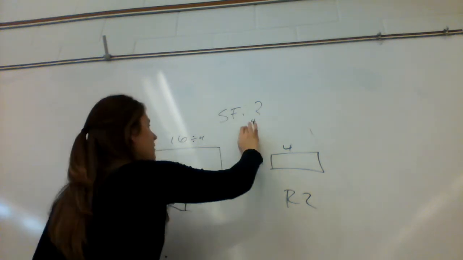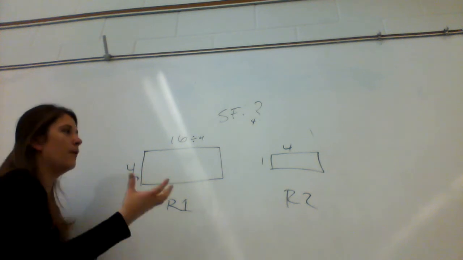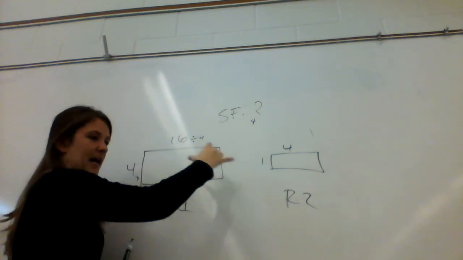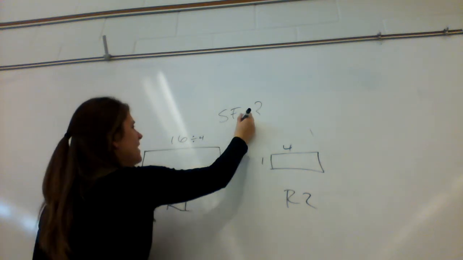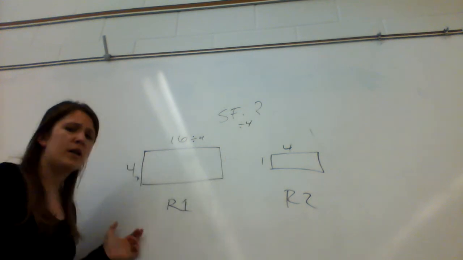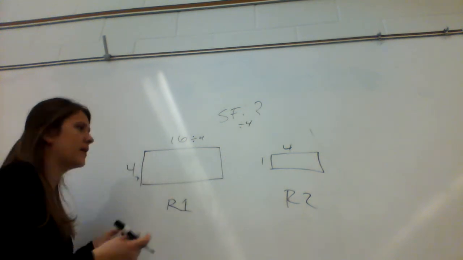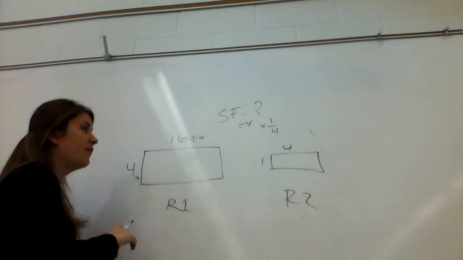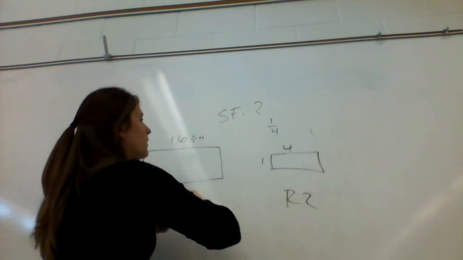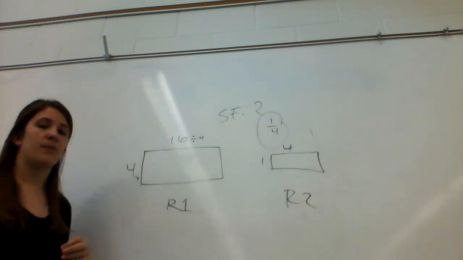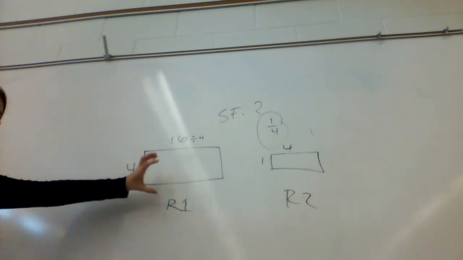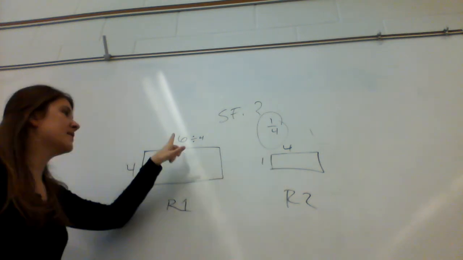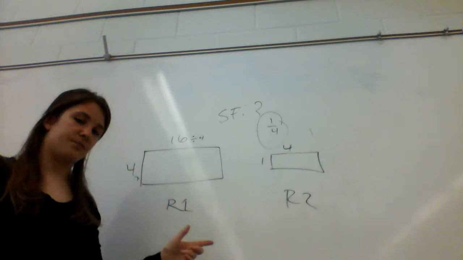It's not just going to be 4, because that would imply that it's getting bigger, that it's times 4. So if it's divided by 4, we know that that's the same thing as multiplying by 1/4. So my scale factor is simply 1/4. Anytime you go from a larger image to a smaller image, the scale factor will be a fraction.